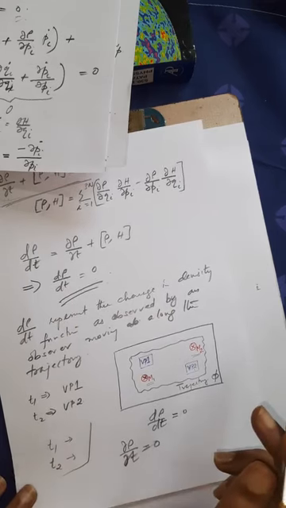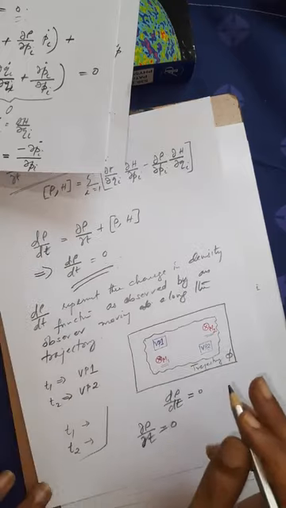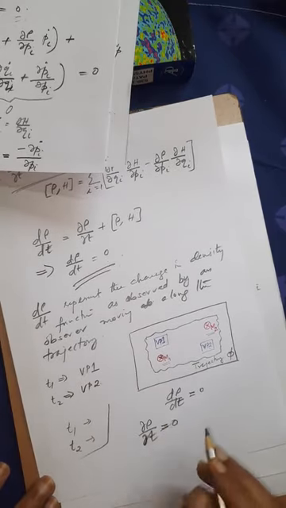dρ/dt = ∂ρ/∂t + {ρ, H} = 0. So for a system in equilibrium, my ∂ρ/∂t will be 0.